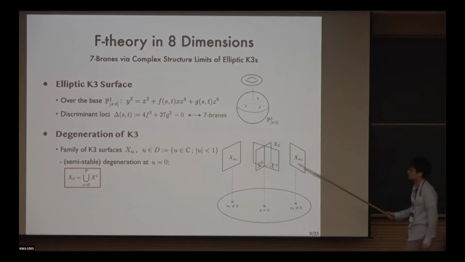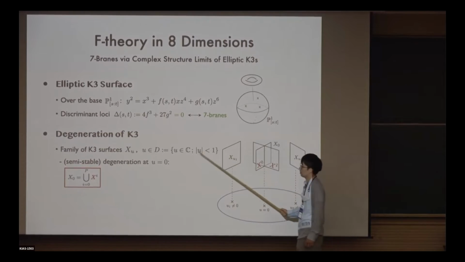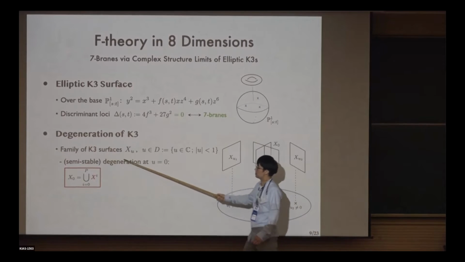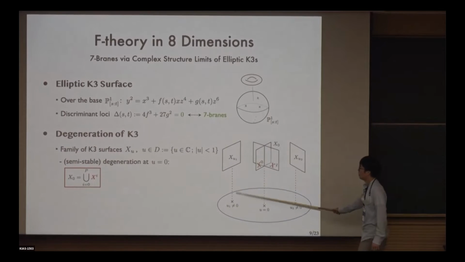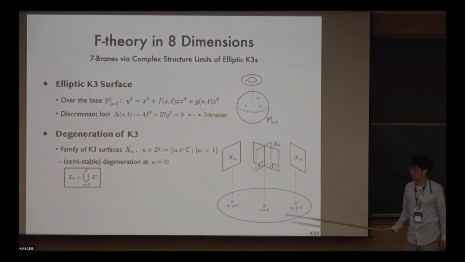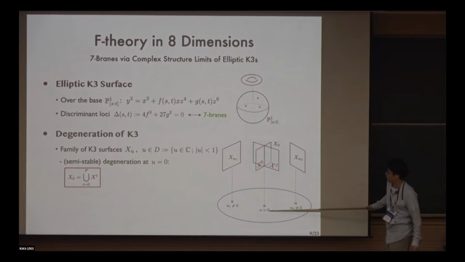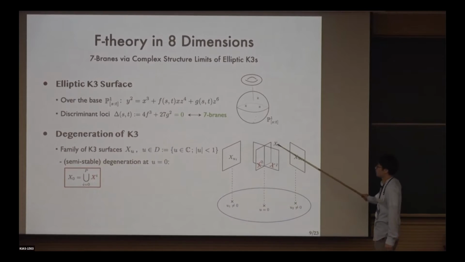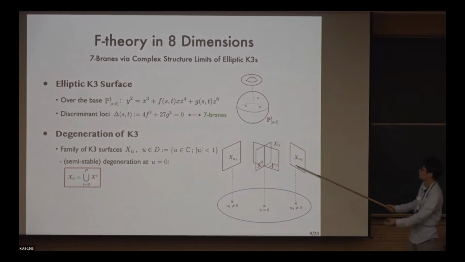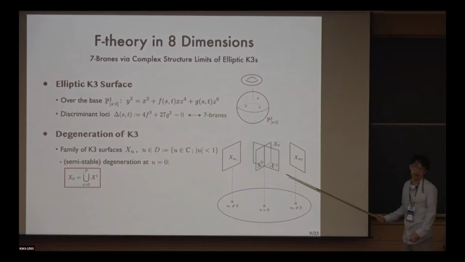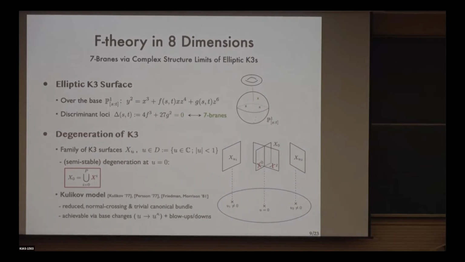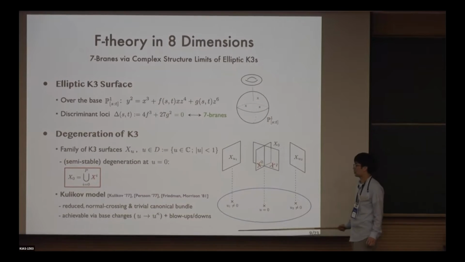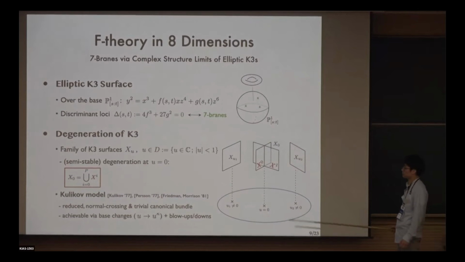And the degeneration of K3 surfaces we will describe by a threefold family of K3 surfaces X_u. So at a generic value of u, we have a surface X_u, which is a smooth K3. However, at the center, at u equals 0, we have the degenerate surface X_0, which will degenerate into a union of component surfaces X^i. The degeneration of K3 is actually called a Kulikov model if it exhibits certain nice features, which I won't go through here.